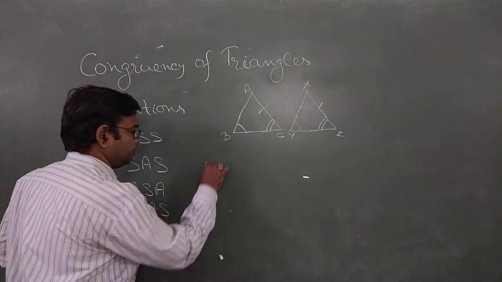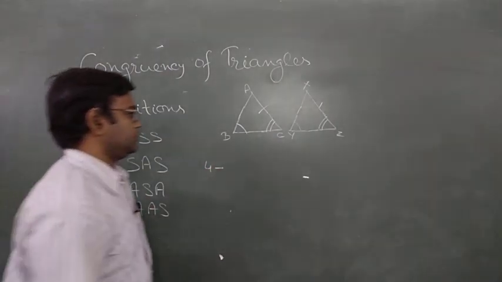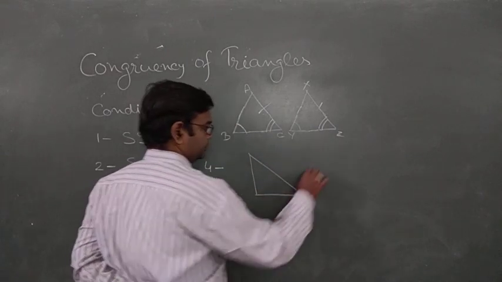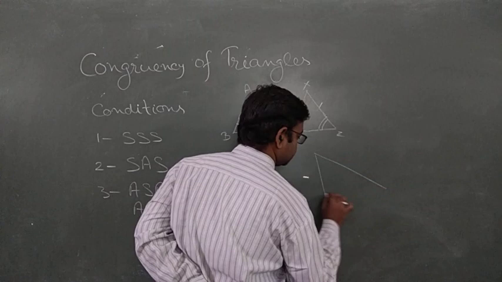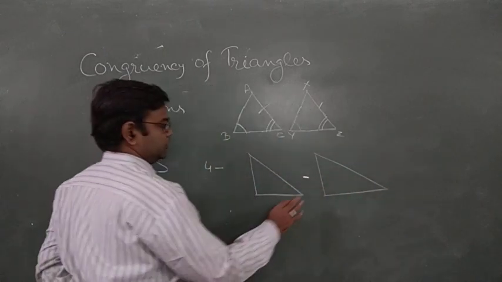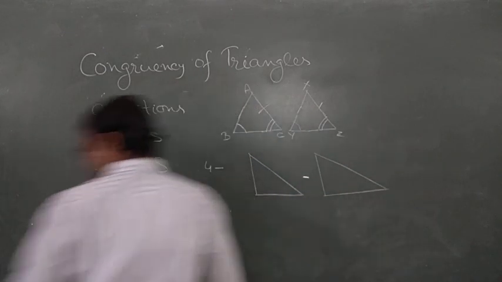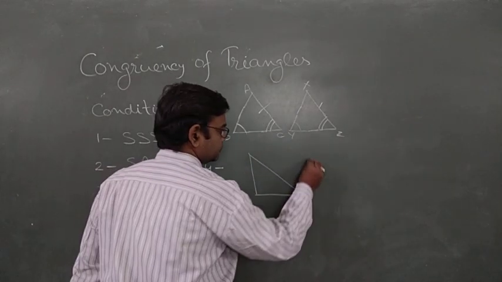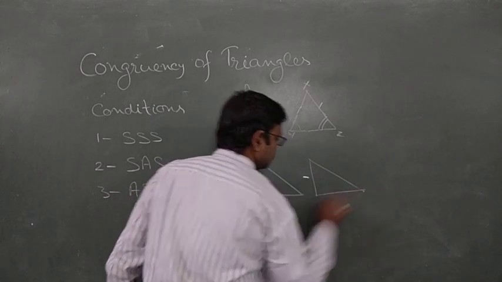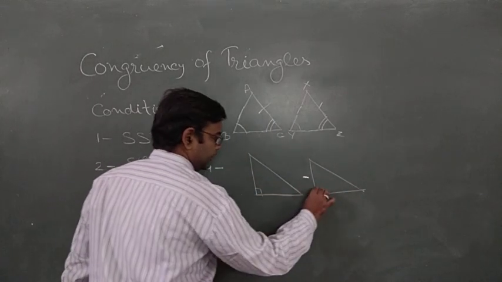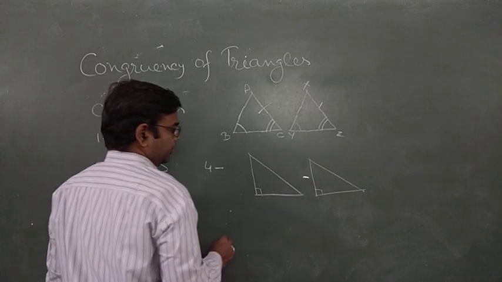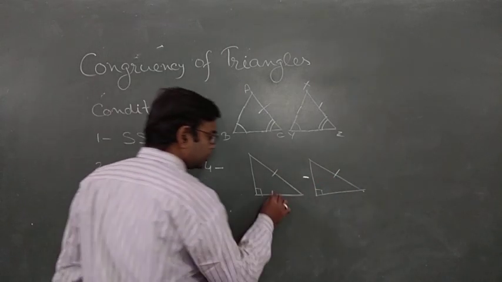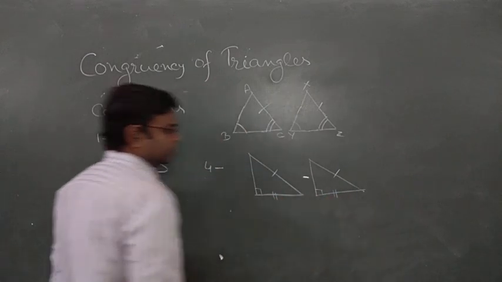And the most important and easiest, I am drawing a separate figure. Suppose there are two triangles. Clear? One of the angles is a right angle in both triangles, and the hypotenuses are equal, and any one of the sides, the base or height, is equal.